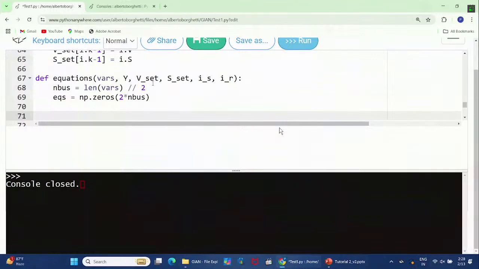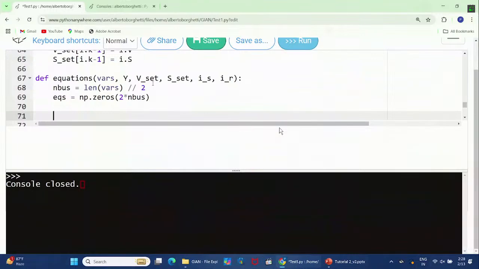I would like also to write the equations not using vars, but using angle and voltage. And so I decide that vars is an array of 4 elements. I decide that the first 2 will be the angle of the voltage in bus 1 and bus 2. So the first are the angles and then the modulus.